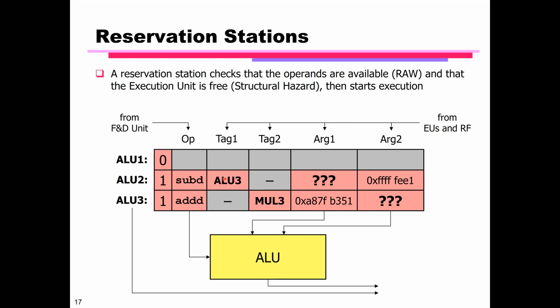There is the tag ALU3, so it means that this instruction waited for this value. I suppress the tag because I finally found the value, and this value is 1000, which I can put here. So next cycle, I can look at this second entry in the reservation station. I have 1000 here, and I have this other value here, so I have both values. I can configure and start the ALU to do this operation.